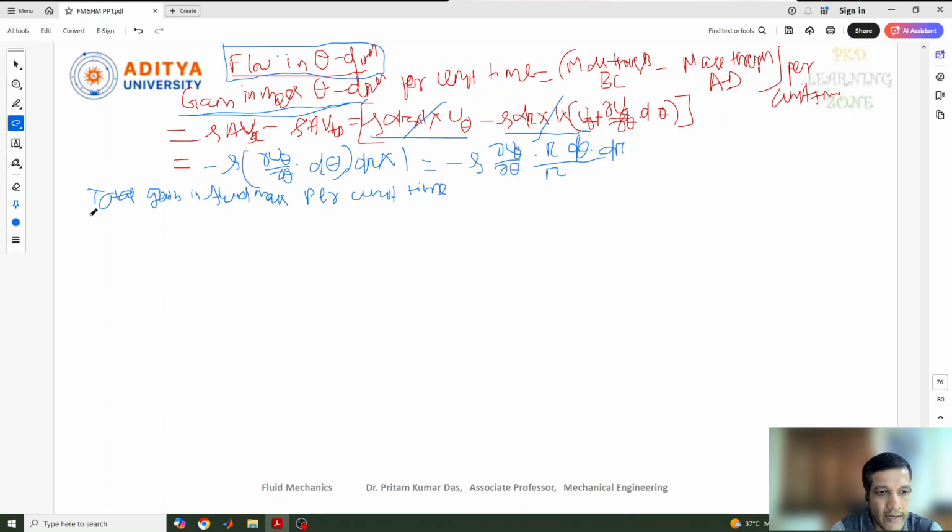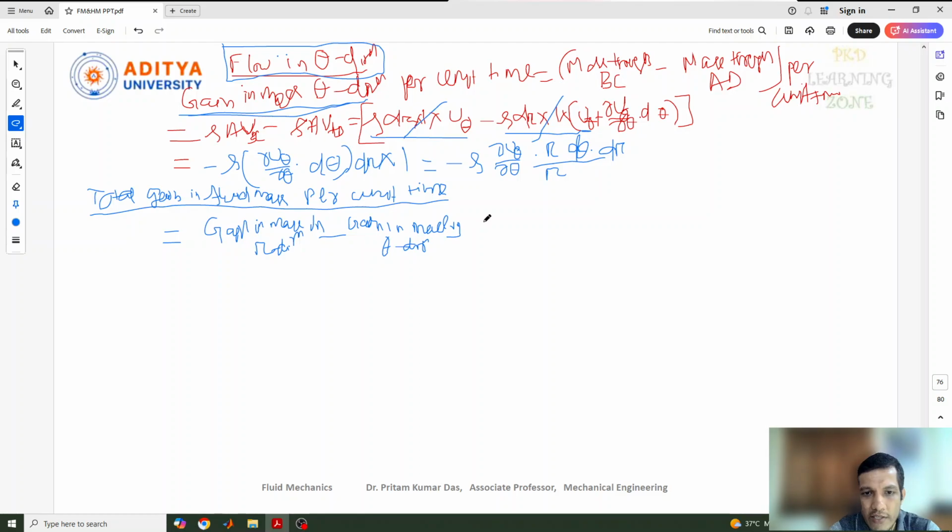So the total gain in fluid mass per unit time is the gain in mass in the radial direction plus the gain in mass in the theta or tangential direction.